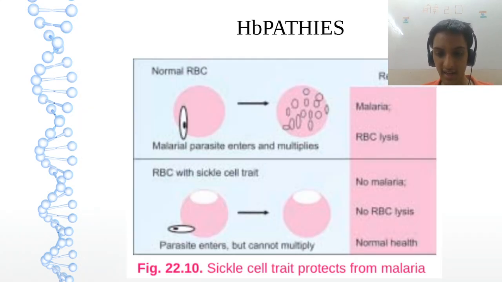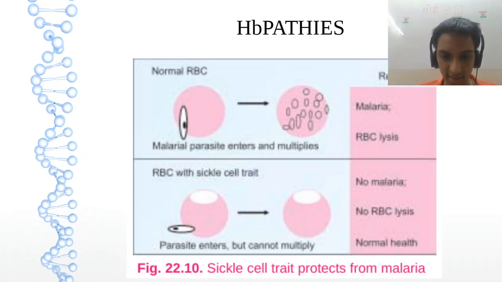Now sickle cell trait protects from malaria. This is known to give malaria resistance. You might have known from your basic biology classes, malaria requires RBC for its lifespan, is it not? So it requires RBC to start its cycle. If the RBC itself is having fragility, how will the malaria start its cycle?